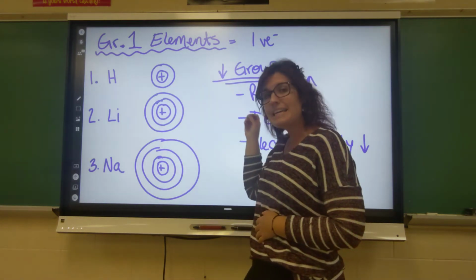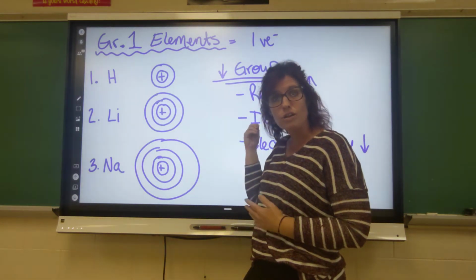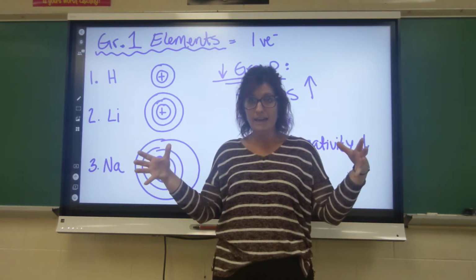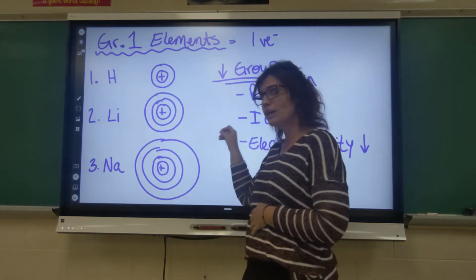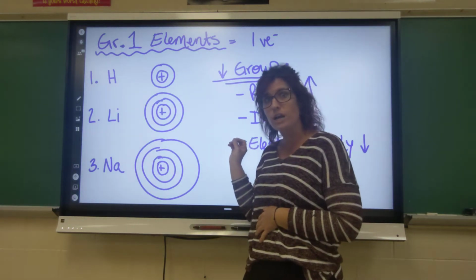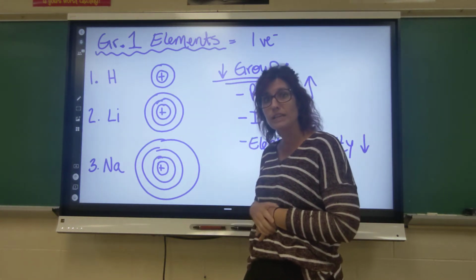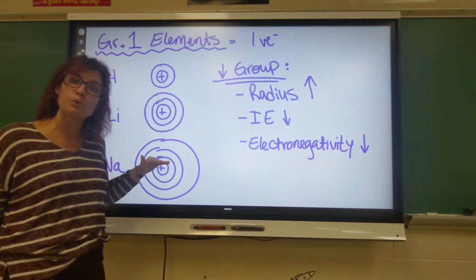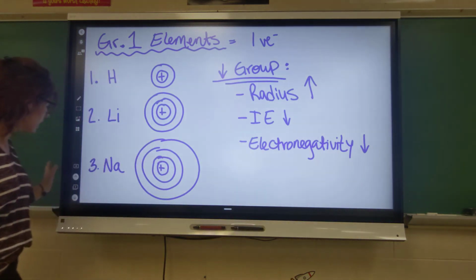So it makes it easier to remove the electron from it. So the more energy levels an atom has, the easier it is to remove an electron because it's further from the nucleus. This happens as we go down a group on the periodic table.